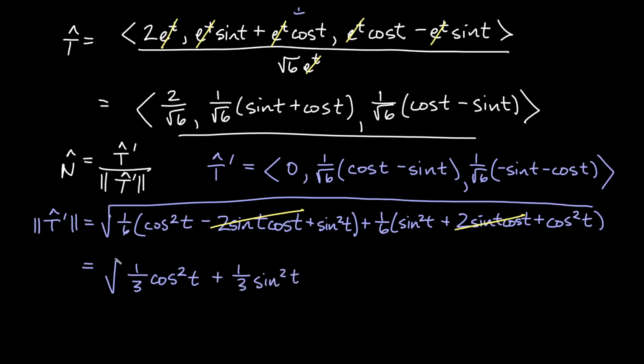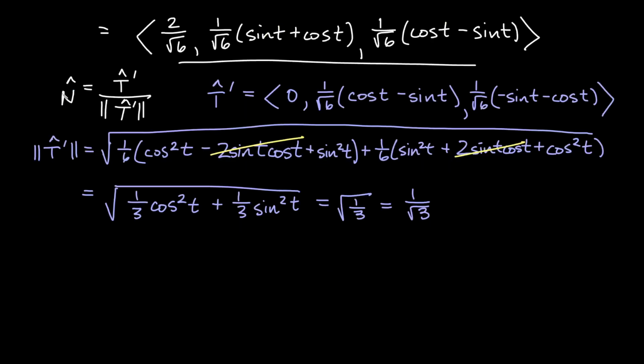And we have another situation here where we really have 1/3 times a Pythagorean identity, right? So if you want to factor out the 1/3 and see it for certain, you can do that, but we're just going to call this 1/3 times 1 here. So we have the square root of 1/3, also known as, if you prefer, 1 over the square root of 3. That is our magnitude of t hat prime.